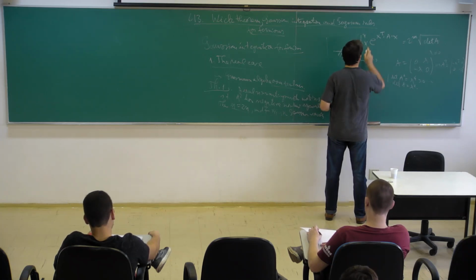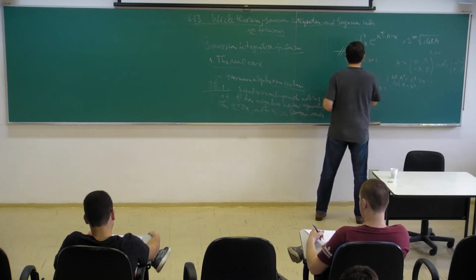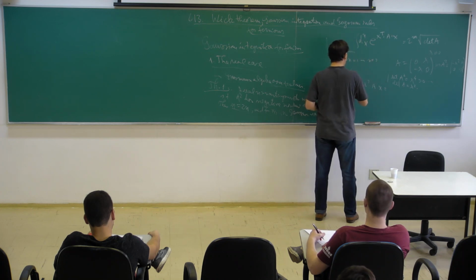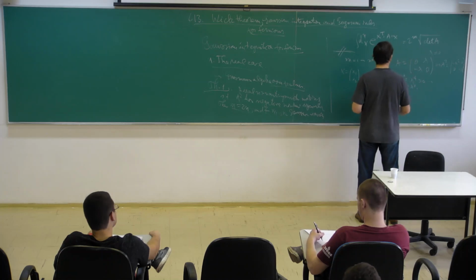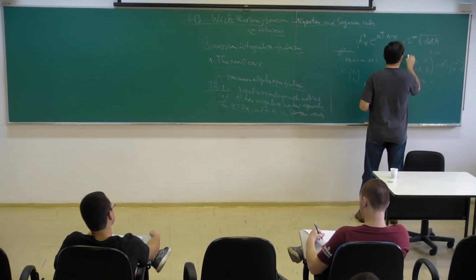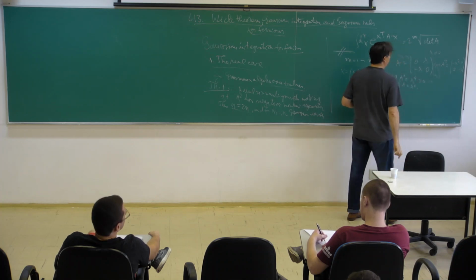And then we want to write this thing, x transpose dot A dot x. If x is the vector x1, x2, then you get x1, x2 here, x1, x2 here, right?